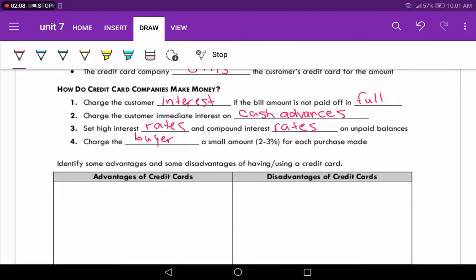No, that should be seller. They charge the seller. So anytime you use your credit card to purchase something, typically that company that you're buying from will have to pay a small percent to that credit card company.